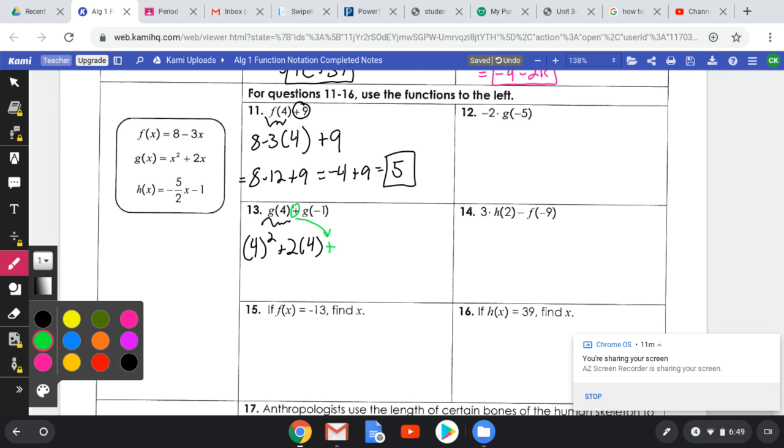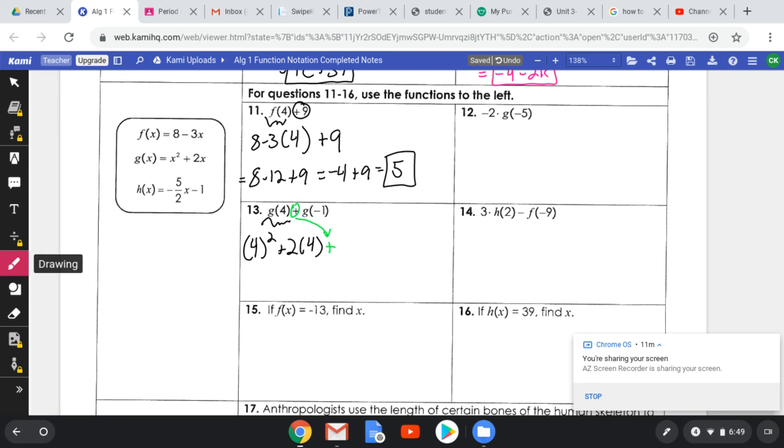And then this g of negative 1, all that just means is that I take negative 1 and plug it in for x everywhere for the same function. So I'm going to have negative 1 squared plus 2 times negative 1. And now I'm just going to do the math. Do order of operations. 4 squared is 16. And then I would do negative 1 squared, which is going to be just 1.